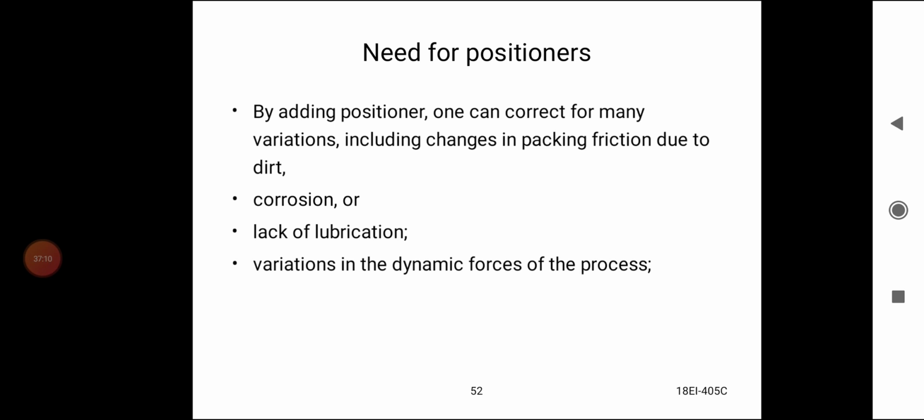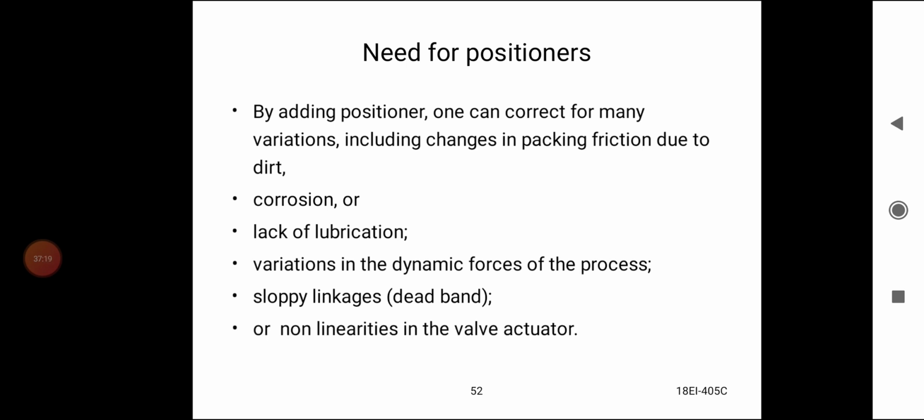Variations in dynamic forces of the process. Sloppy linkages, deadband, or non-linearities in valve actuator.